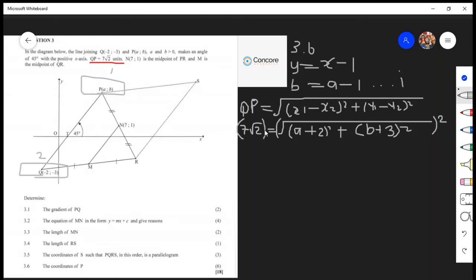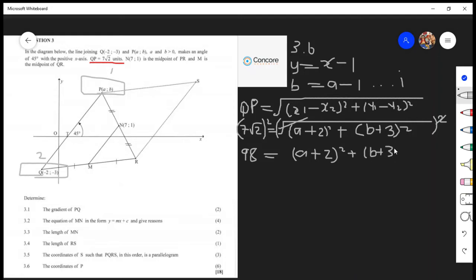So 7 root 2 squared is 98. And 98 is equal to, now remember, square root and squared are opposite applications, so they cancel each other out, right? So you'll then be left with a plus 2 squared plus b plus 3 squared.